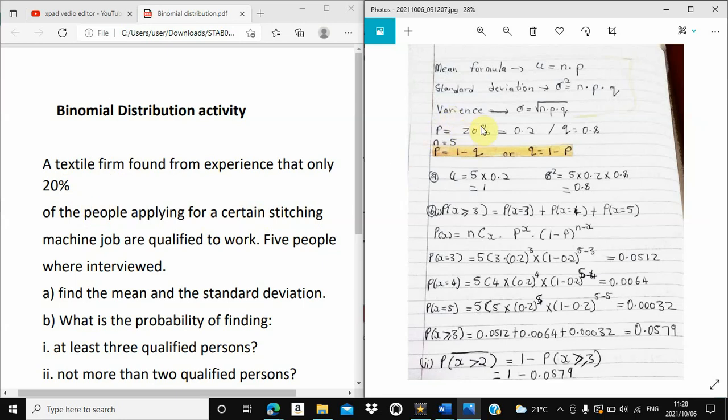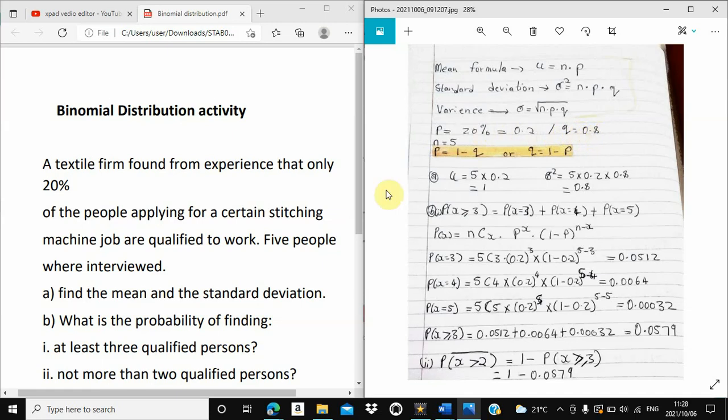This 20% is P, the probability of success, which is 0.2. Then automatically 80% of them have failed, which is the probability of failure. That's why Q is equal to 0.8.